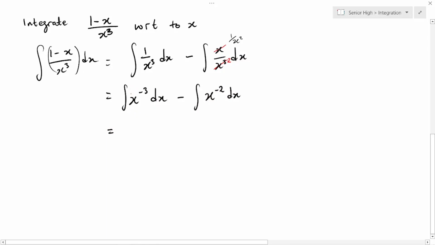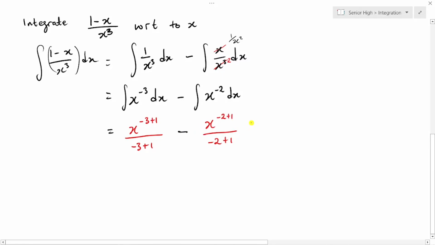Okay, now we can proceed in solving this. This is now easier to solve. So it becomes x raised to the power of minus 3 plus 1. Remember, we're now applying the formula, over minus 3 plus 1. Then we have this as minus x raised to the power of minus 2 plus 1 over minus 2 plus 1.